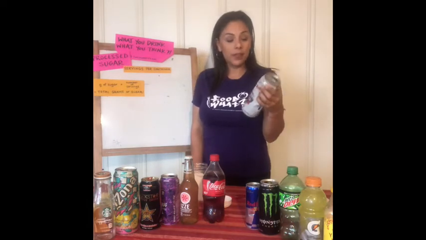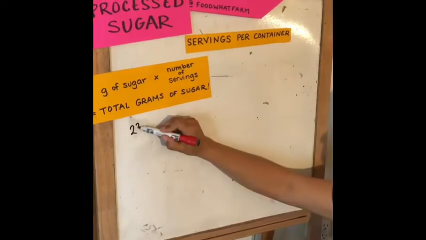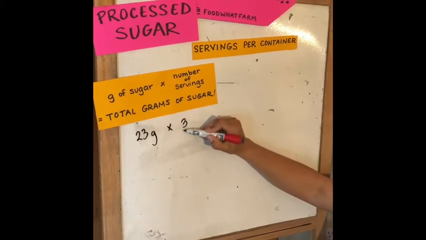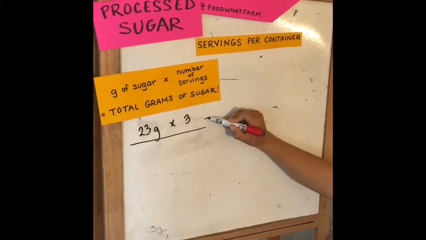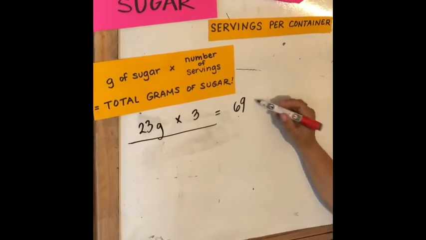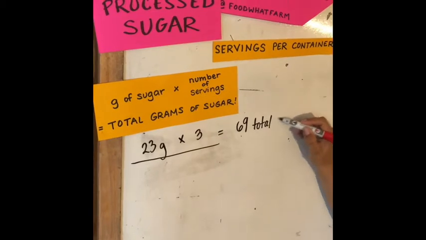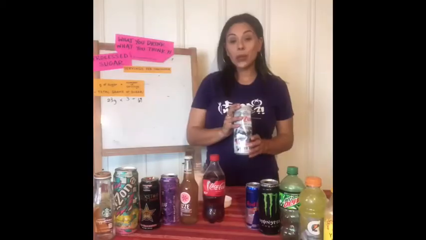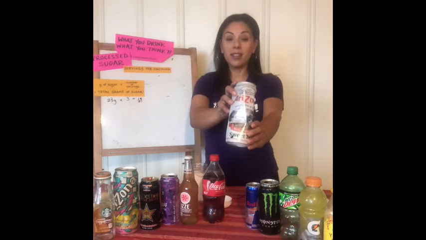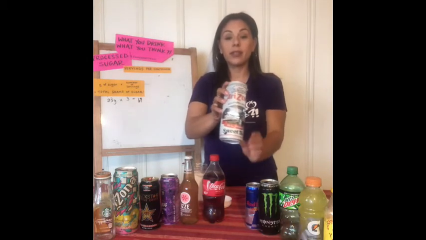So using the Arizona example, there are 23 grams of sugar times 3 equals 69 total grams. Total number of grams of sugar in this can of Arizona is 69 grams.